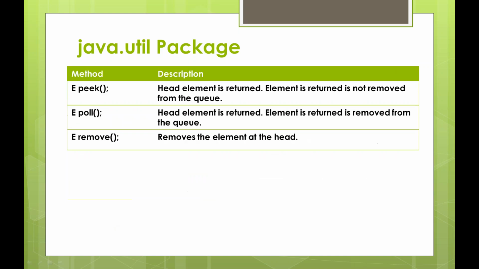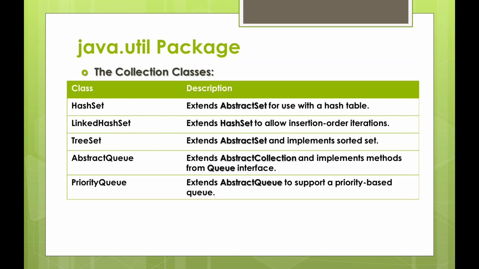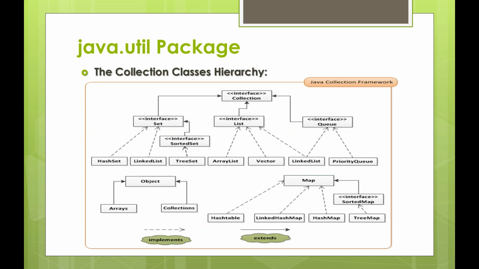So all these are some of the important classes in collection. This diagram shows the class hierarchy, the relationship between the classes. Here you see the dotted arrow is implements, and the solid arrow is extends. That is, a class extends a class, and a particular class implements an interface.